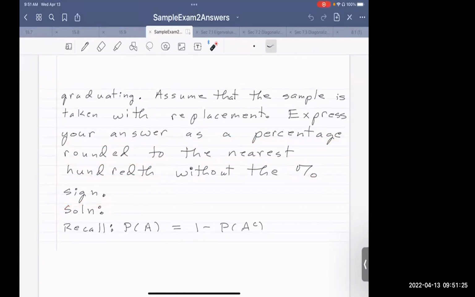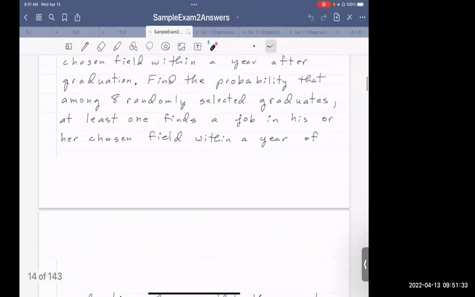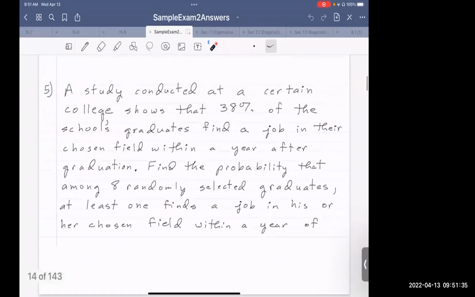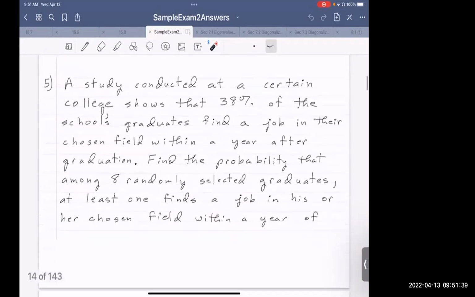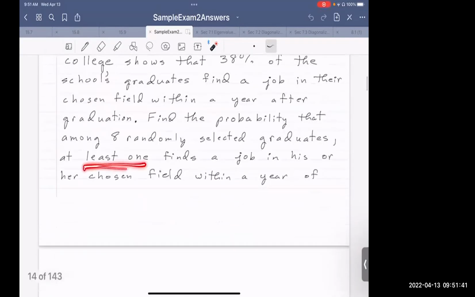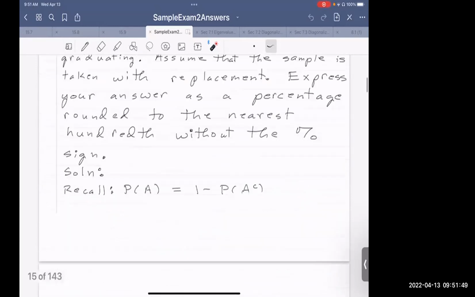So I'm going to look at the complementary event. We're trying to find at least one. And so it's easier to find, rather than at least one, the complementary event of at least one.